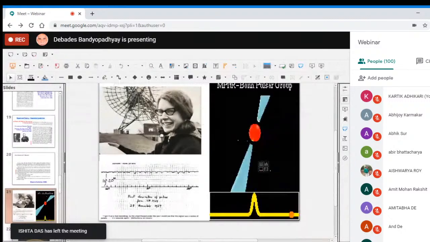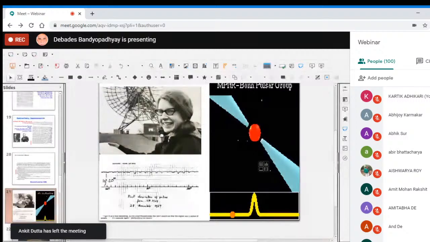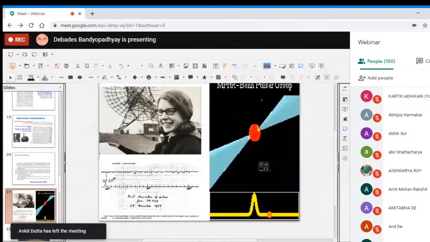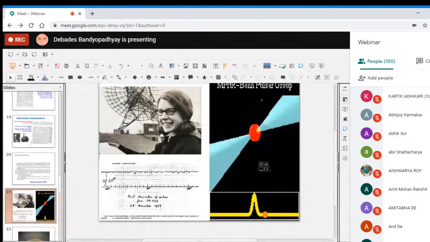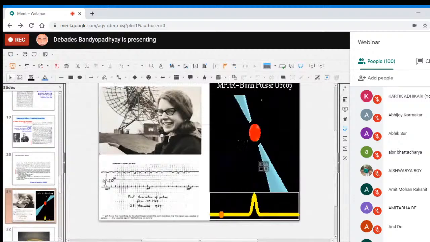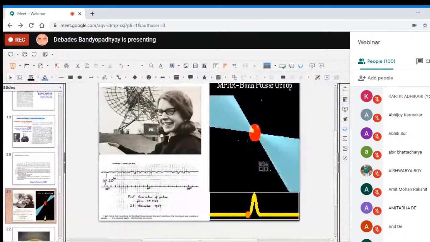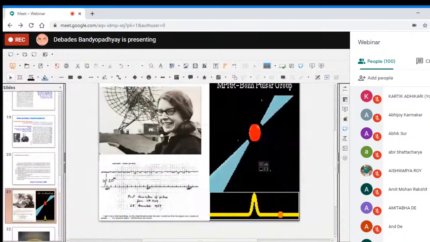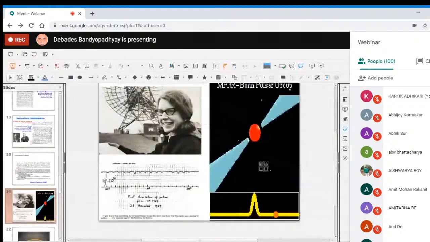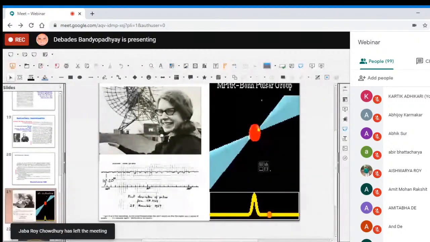And this radiation comes to the observer on the Earth at a regular time interval, and that is the period of the pulsar. So a pulsar is a very good clock. Their spin period is very precisely known nowadays. So this is more or less about the pulsar.